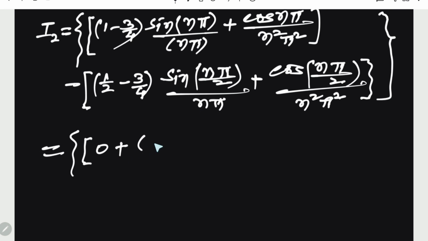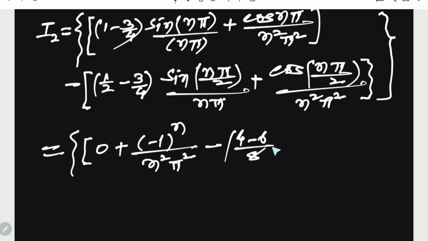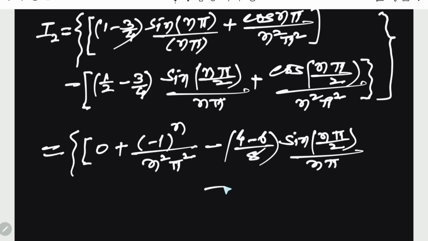Sin n pi is 0, therefore that term becomes 0, and cos n pi is minus 1 raised to n, whole divided by n square pi square, then minus 4 minus 6 divided by 8 into sin n pi by 2 divided by n pi, and minus cos of n pi by 2 divided by n square pi square.